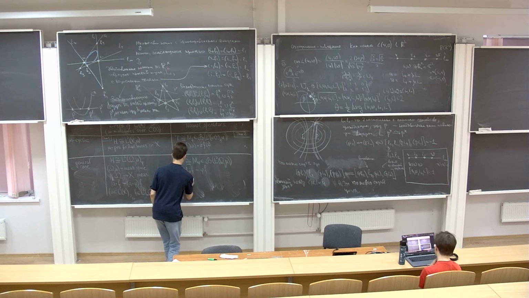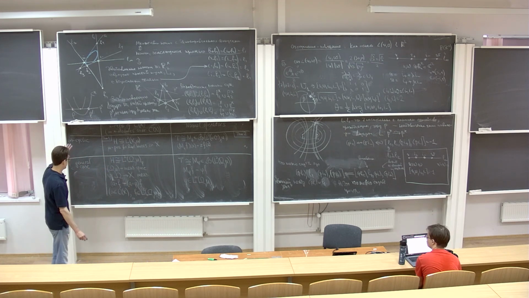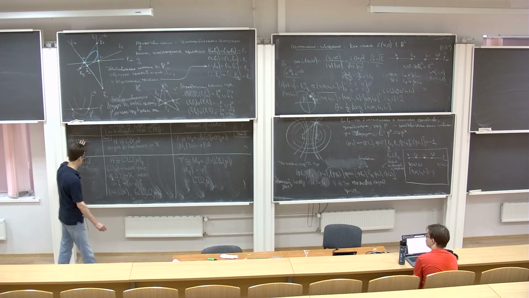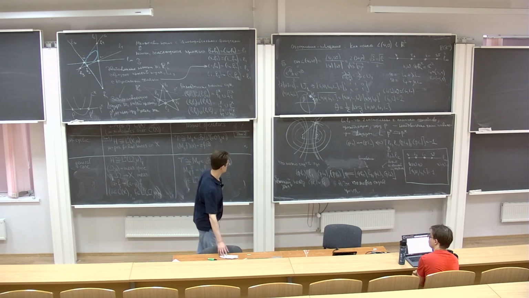Here phi is a bounded measurable function on Omega. Okay, so once again, the first row is already done, and the second row is our goal. So this is what we are going to prove today.